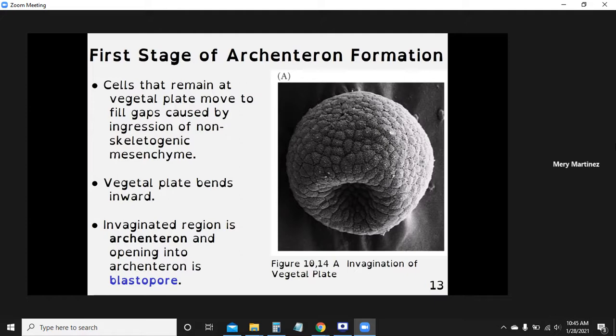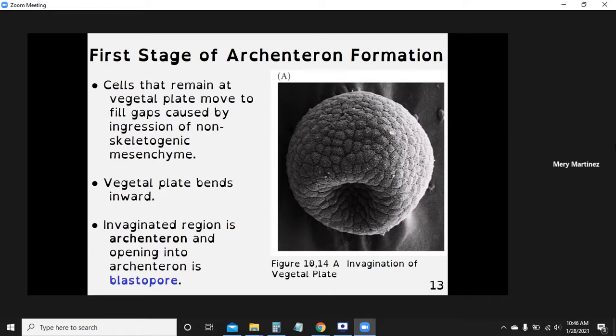Next, the vegetal plate bends inwards and invaginates. The invagination takes time, so it goes a quarter and then up to halfway into the blastocele, okay? We want to see that in the next slide. Now, the invagination suddenly ceases. So a quarter or a half of it, and it stops, okay?